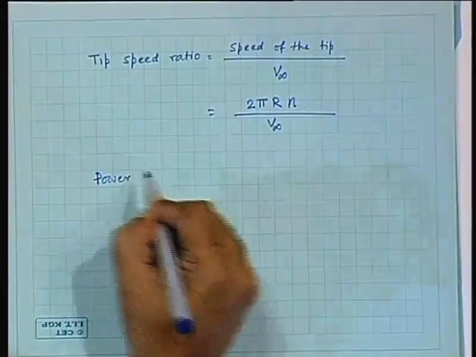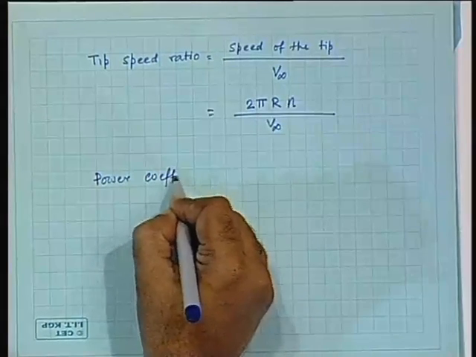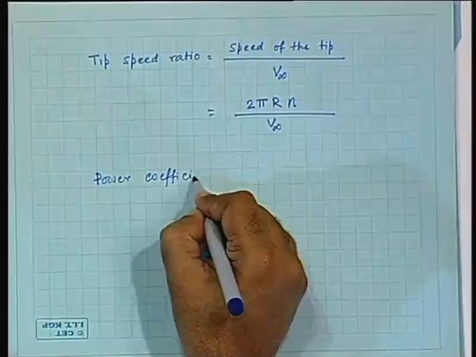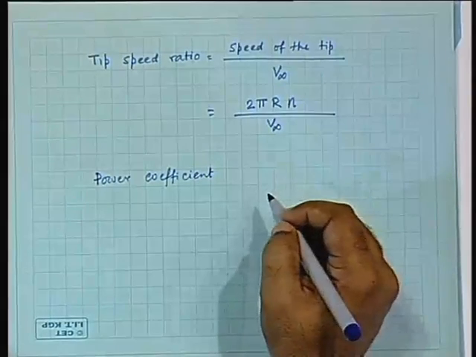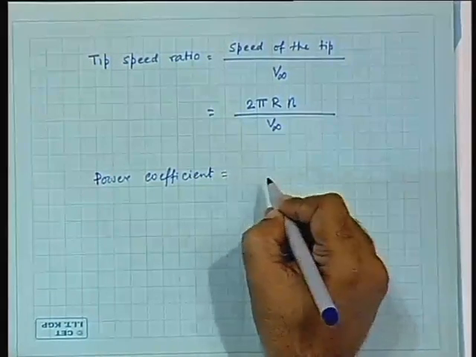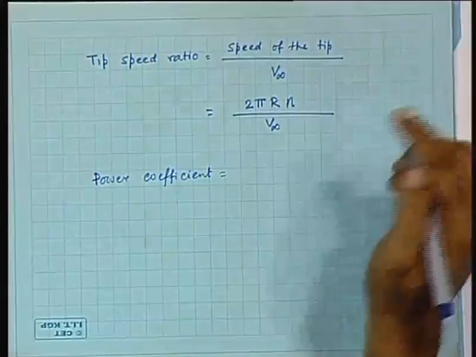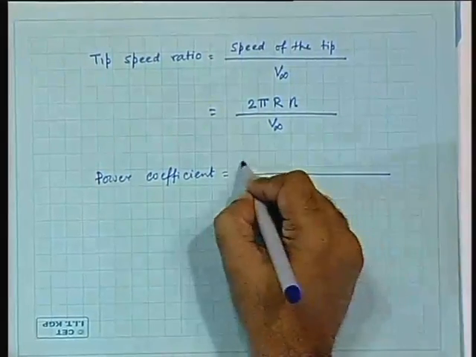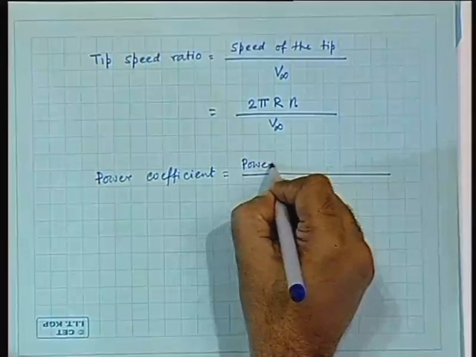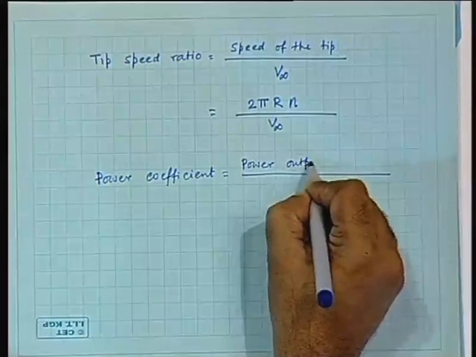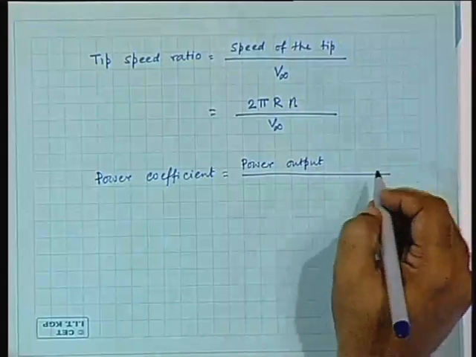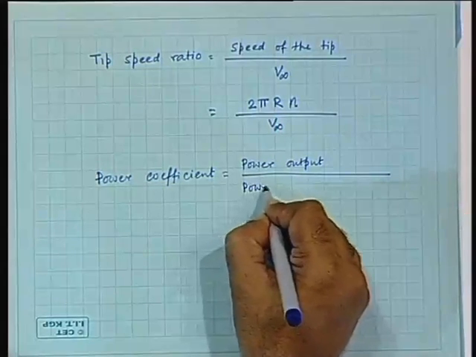There is another important number that is associated with wind turbines, that is the power coefficient. That is essentially the aerodynamic efficiency. So that is the power output of the wind turbine divided by the power content.